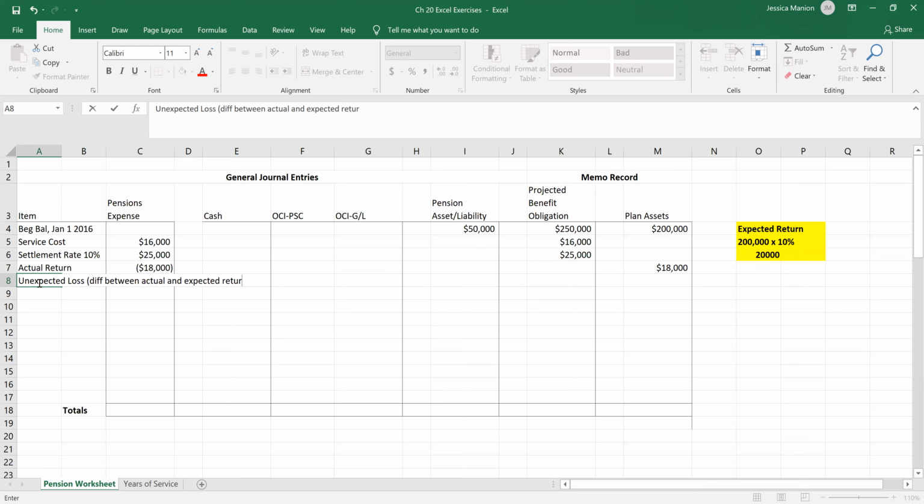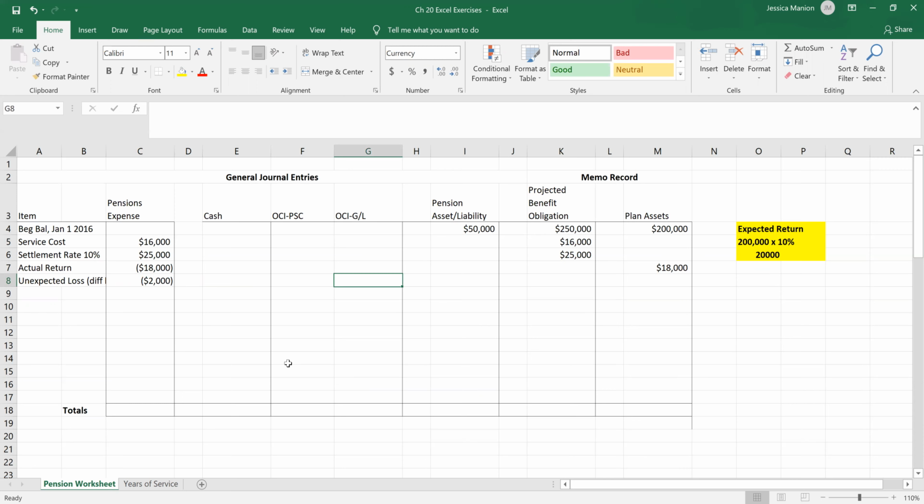We should have had 20,000 expected return. We only had 18. So we need to subtract another 2,000 here. That loss decreases our pension expense.